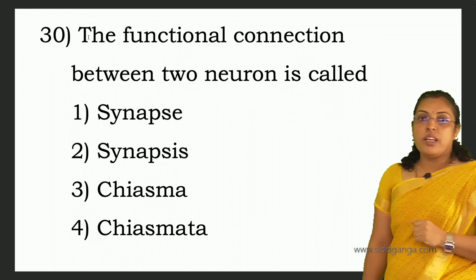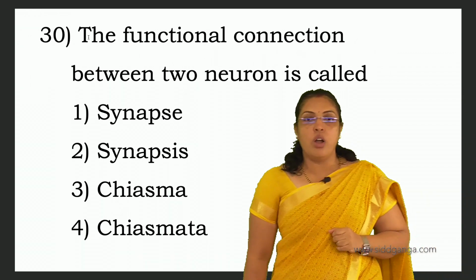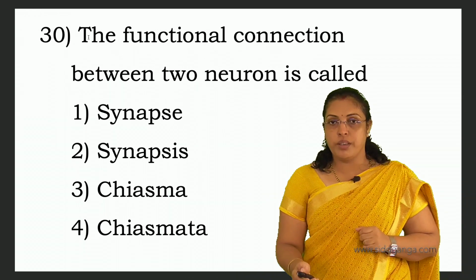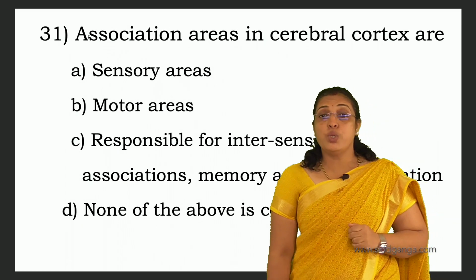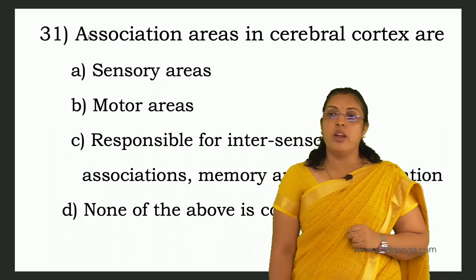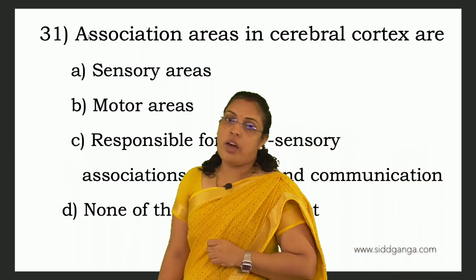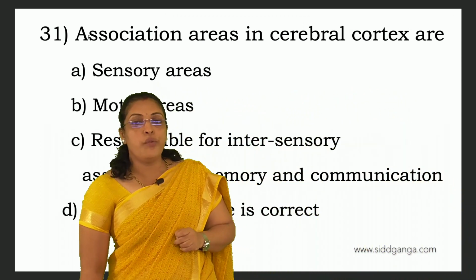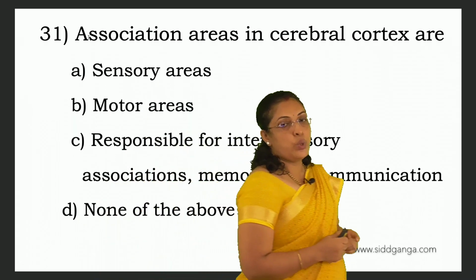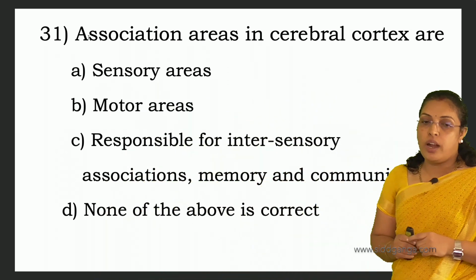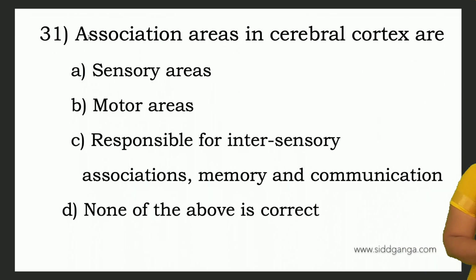Next, the functional connection between two neurons is called synapse. Next, association areas in the cerebral cortex are sensory areas, motor areas, responsible for intersensory associations, memory and communication, or none of the above.